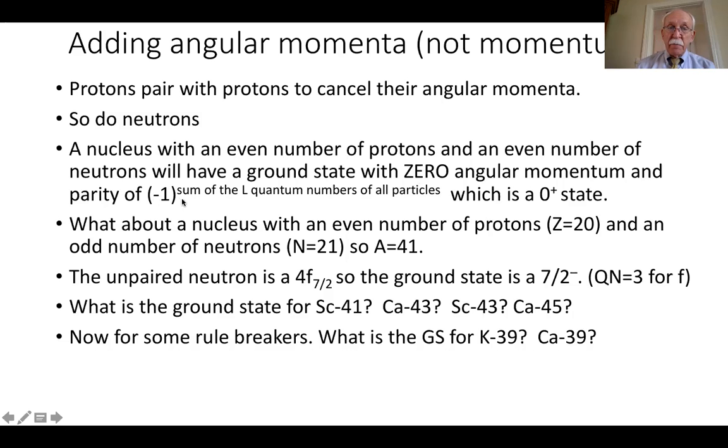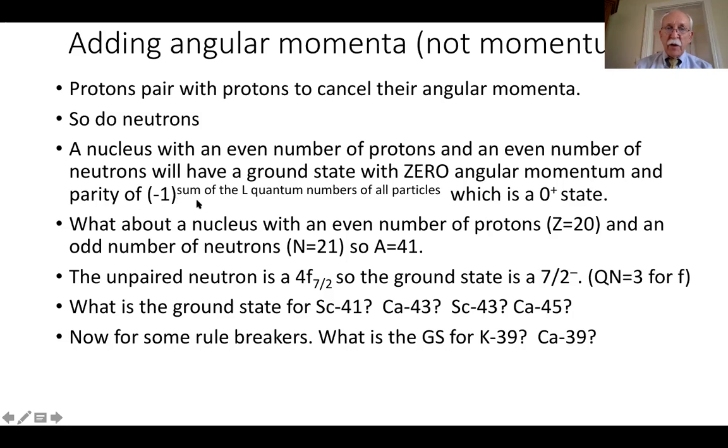The parity is another issue that has to do with the symmetry of the wave function. So if I take the position of all the nuclei at any one point, take all the protons wherever they are in space, and move them through the origin to the opposite 3-dimensional point in space, that reflection is what determines the parity.